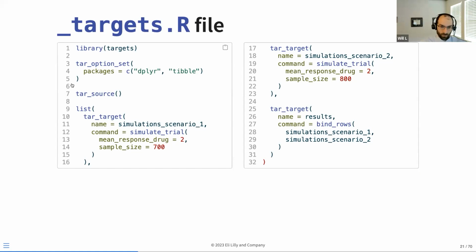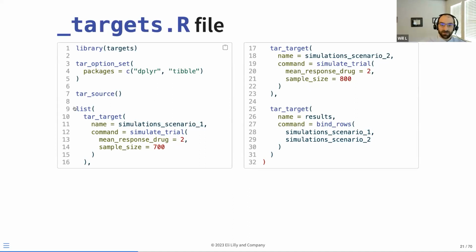Everything in lines 1 through 7 is the same kind of setup that you would do for your local interactive R session if you're just planning an analysis. This is very idiomatic to R. This should look and feel like you're just working in your own interactive R session. When the pipeline actually runs, it's going to do this in a different process. But this is the look and feel of it.